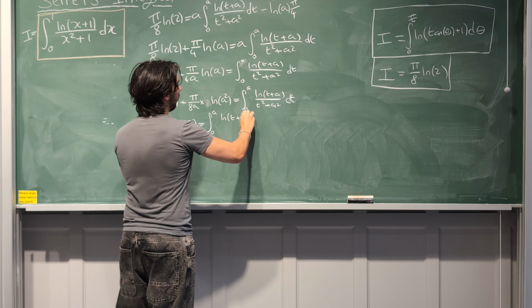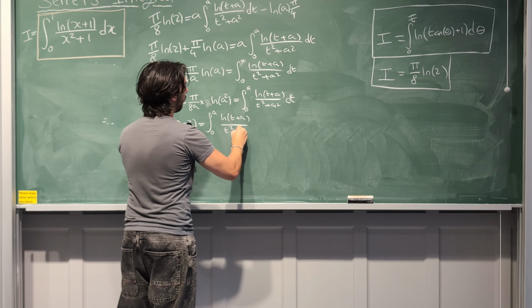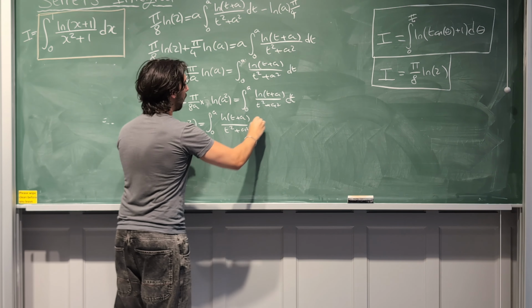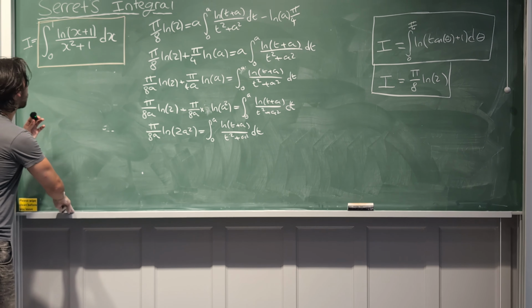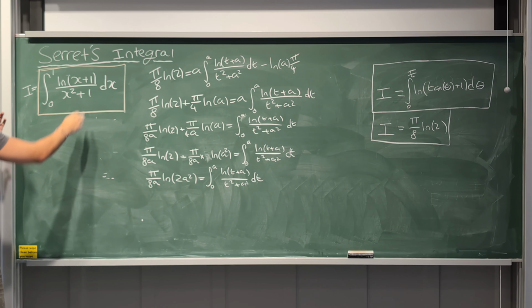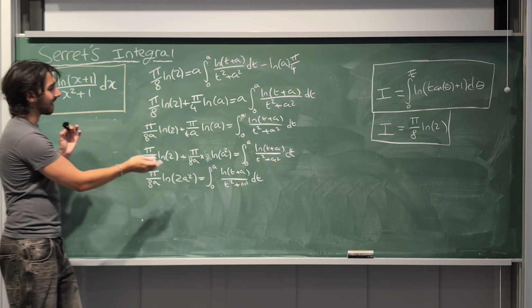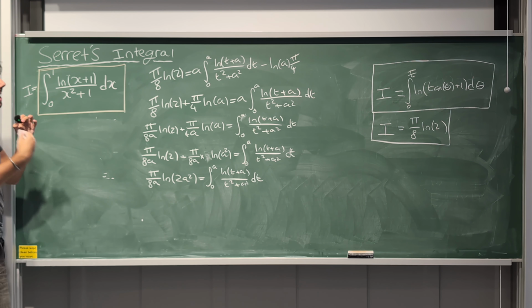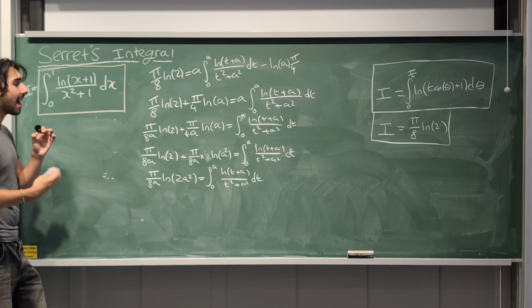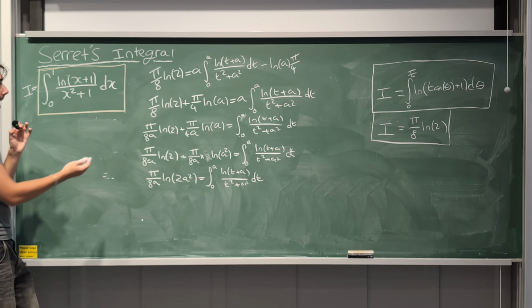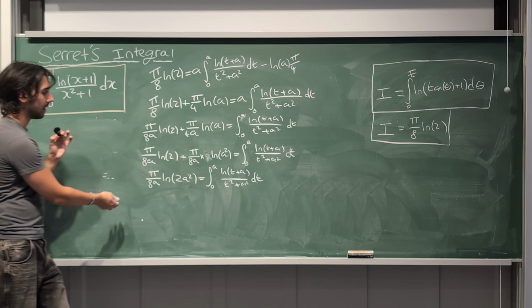Okay, so we basically have a better version of the Serret's integral that we were doing, and you can see that we've just worked out that the integral from 0 to a of the natural log of t plus a divided by t squared plus a squared dt actually has this very nice formula here.